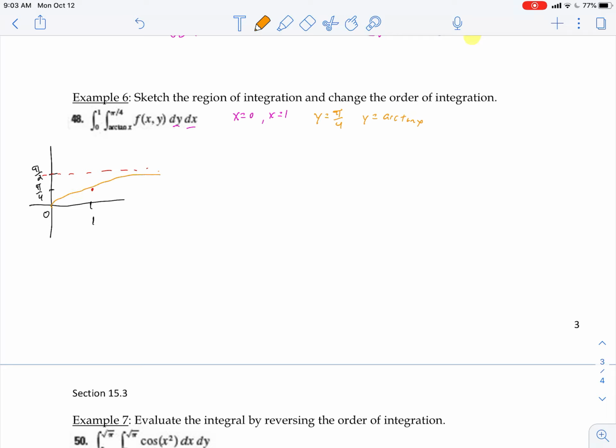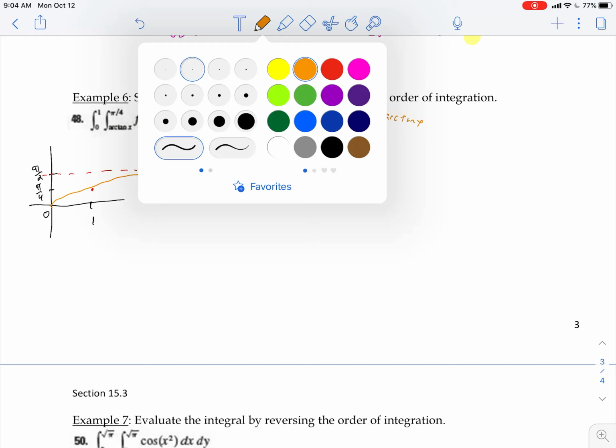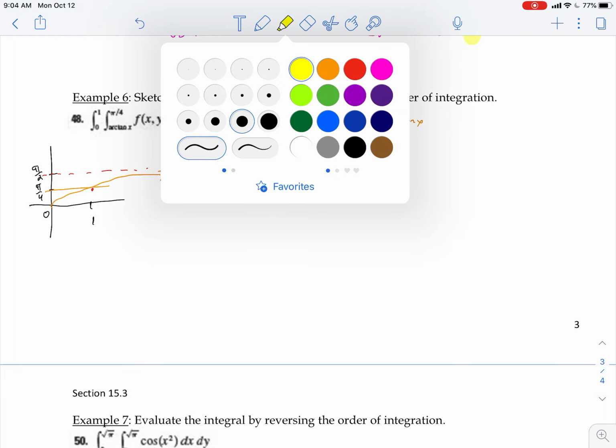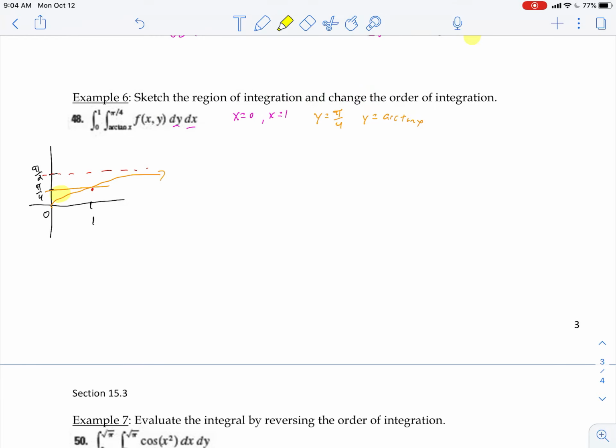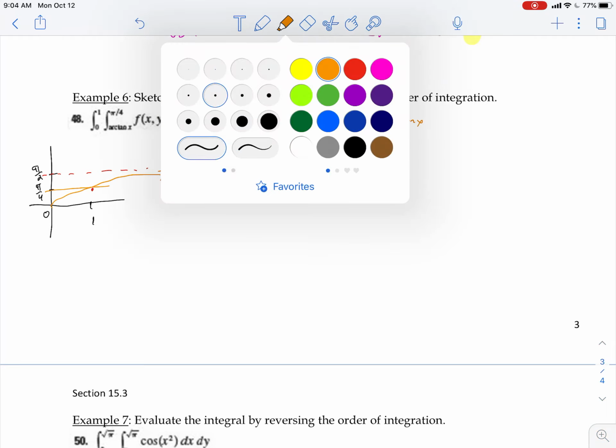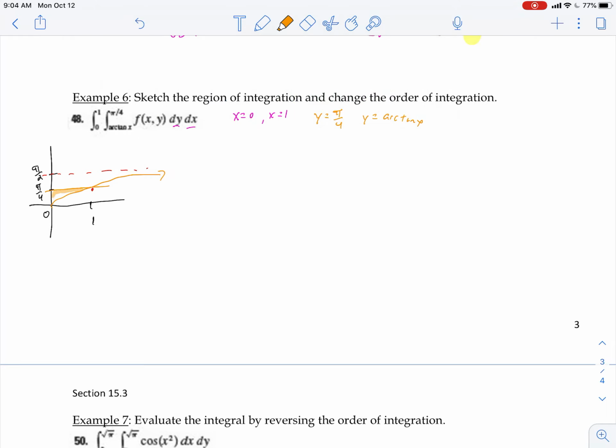This is not the greatest picture of it. And that equals pi over 4. So what we have here is this region right there.